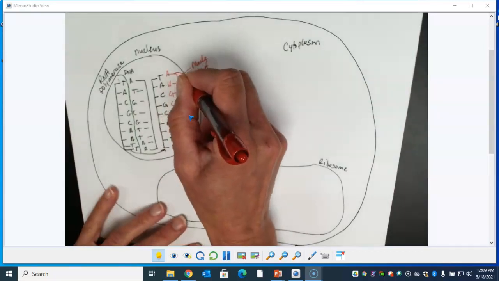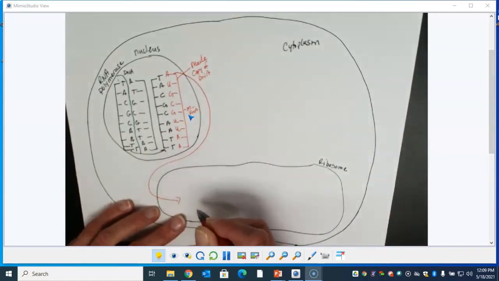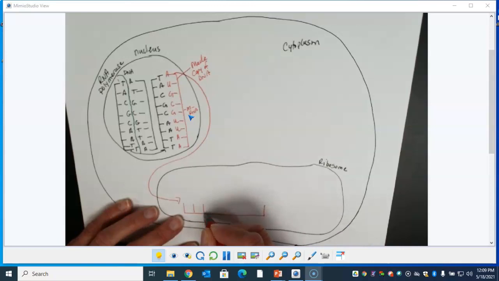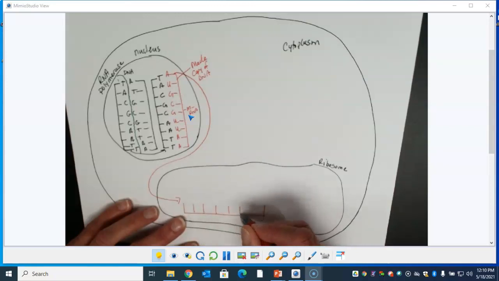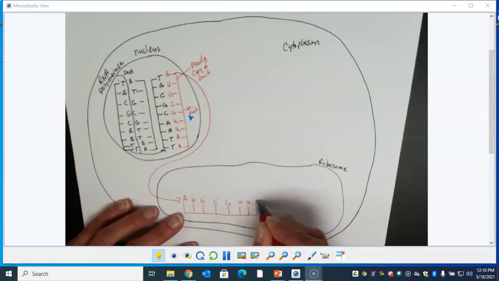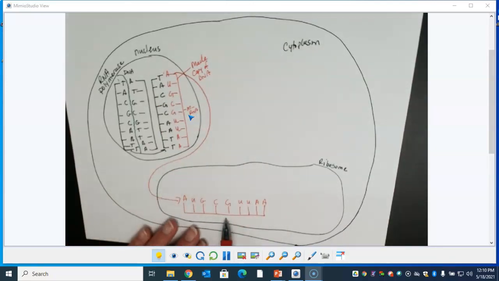So the messenger RNA is going to leave the nucleus and move into the ribosome, and it is going to be read by the ribosome. So I'm going to transfer my messenger RNA: A, U, G, C, G, U, U, A, and A. My messenger RNA is going to move into the ribosome.